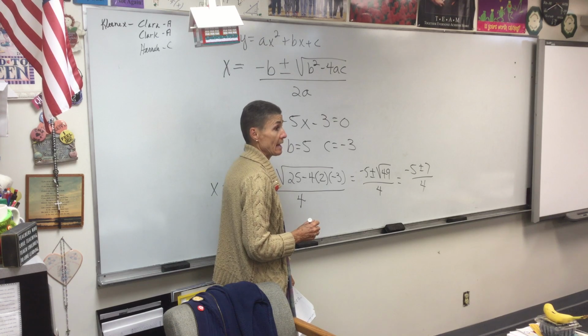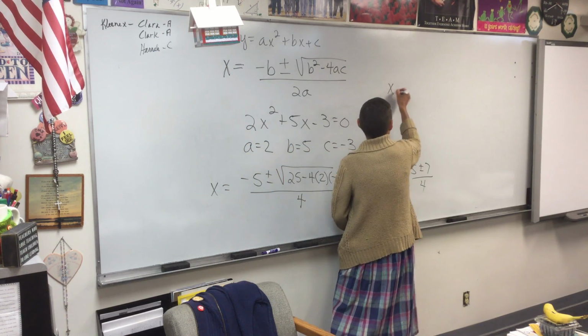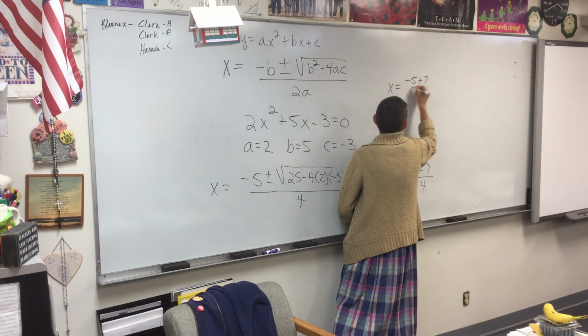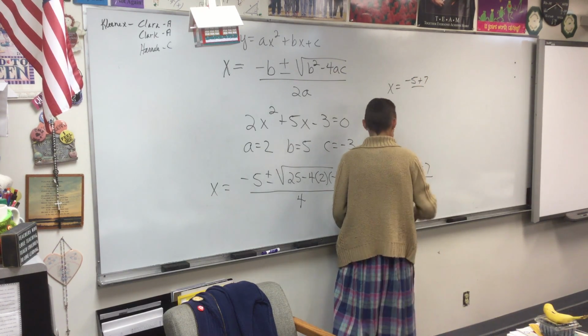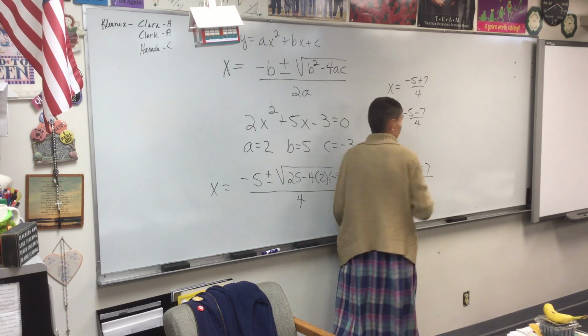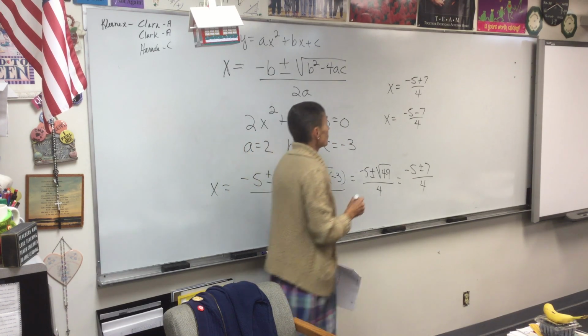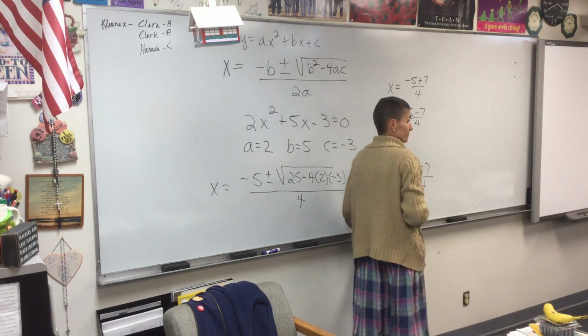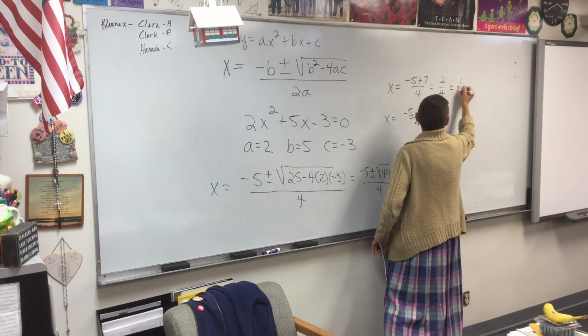Now, don't leave it like that, because you can simplify it. -5 plus 7 over 4, and -5 minus 7 over 4. Okay, what's -5 plus 7? 2 over 4 is 1/2.